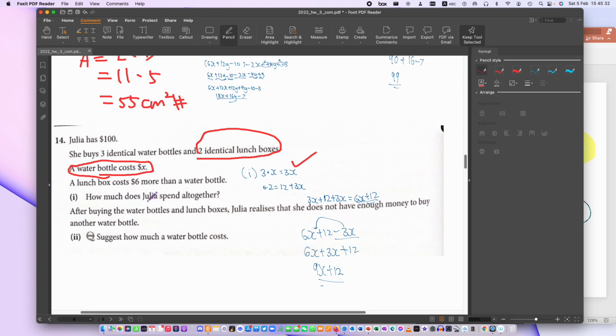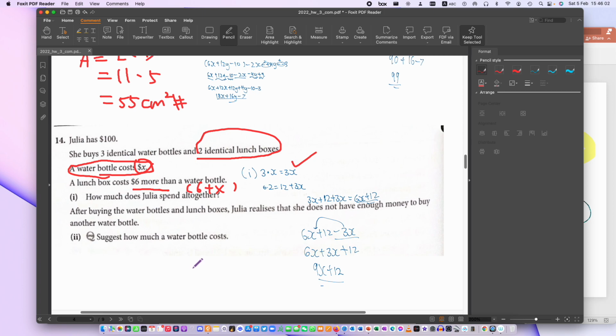But it says a lunch box costs $6 more than a water bottle. So the lunch box is 6 plus x.